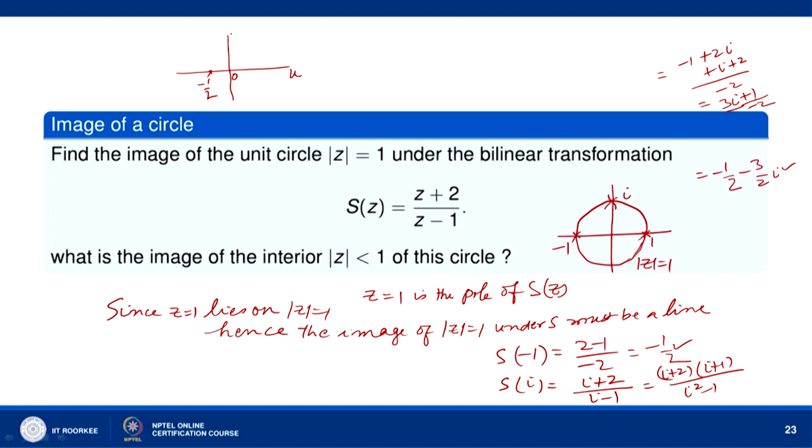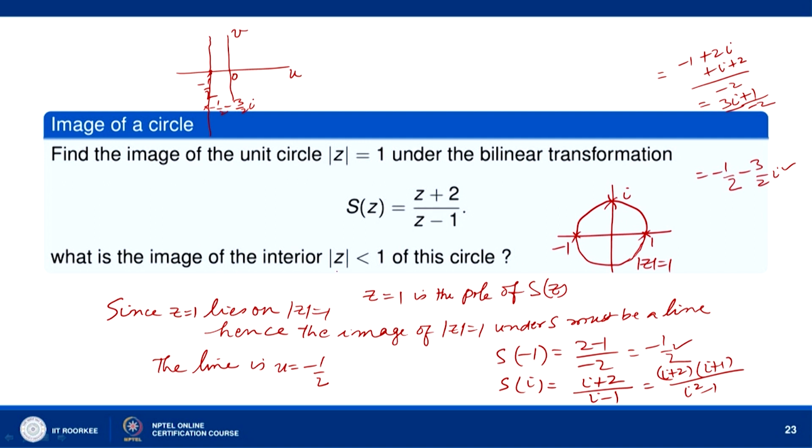This is the u-v plane, let us say -1/2 here, and -1/2 - (3/2)i is here. So, this is the line, that is u equal to -1/2. The line is u equal to -1/2, that is the line parallel to the imaginary axis in the W plane.